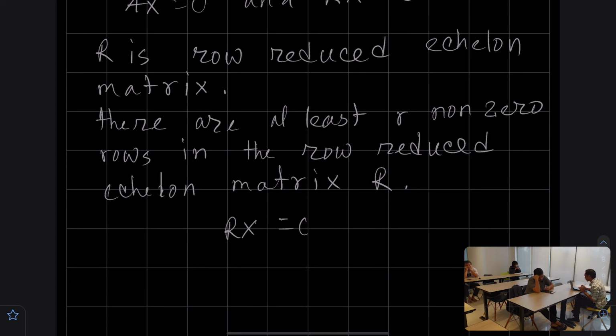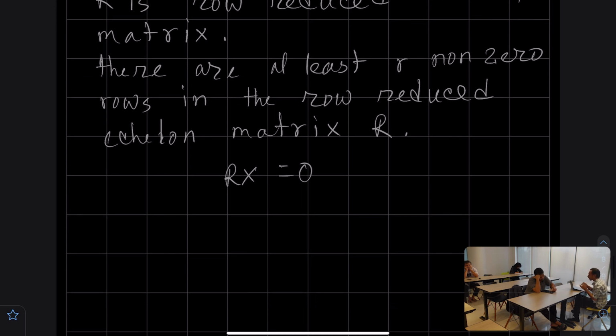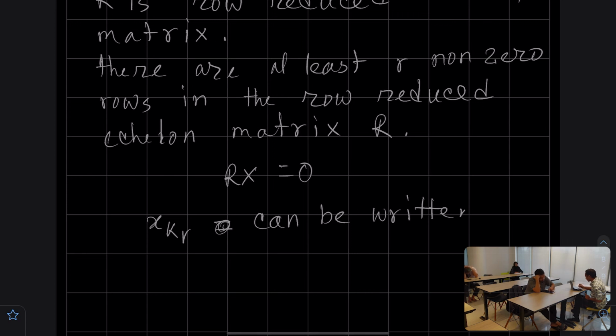These x_k1, ..., x_kr are the leading variables, right? So I can write x_k1, ..., x_kr in terms of the n minus r free variables.